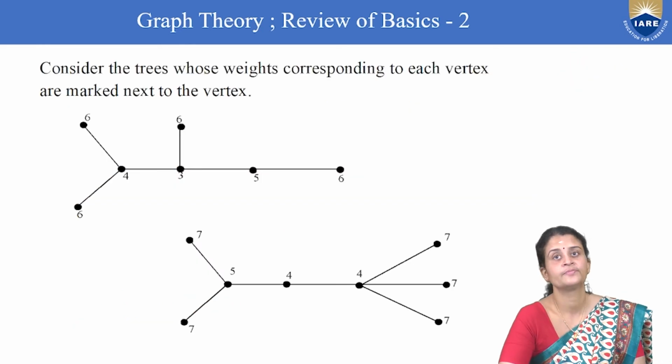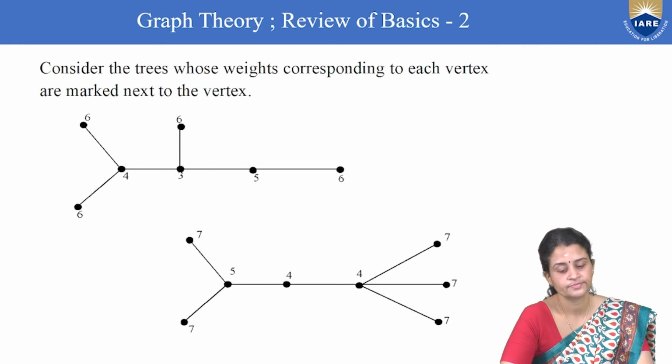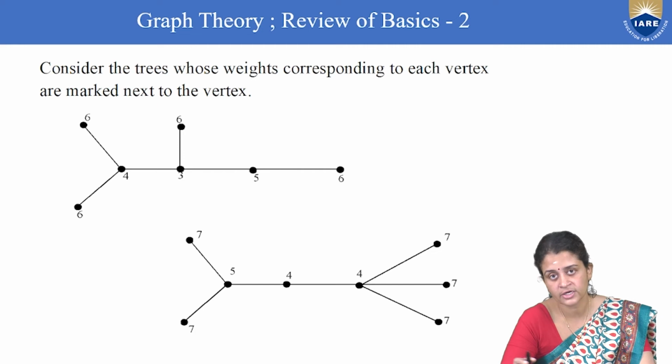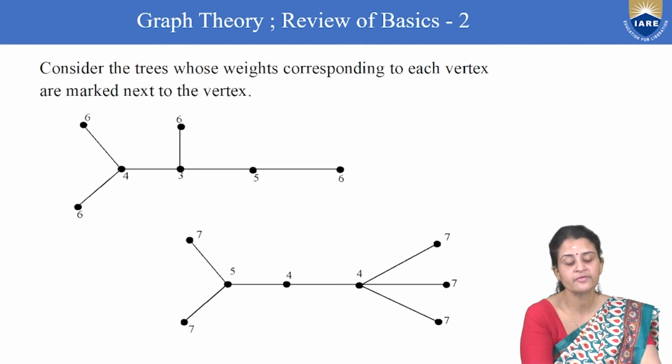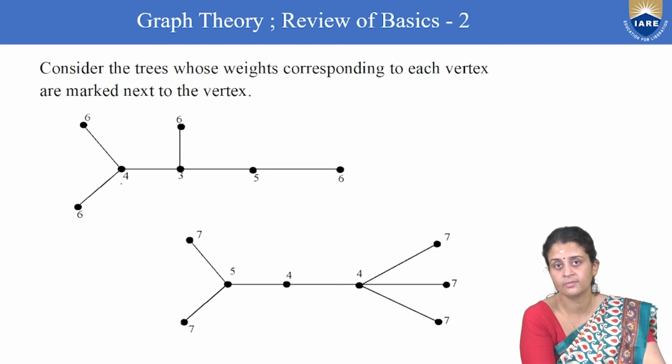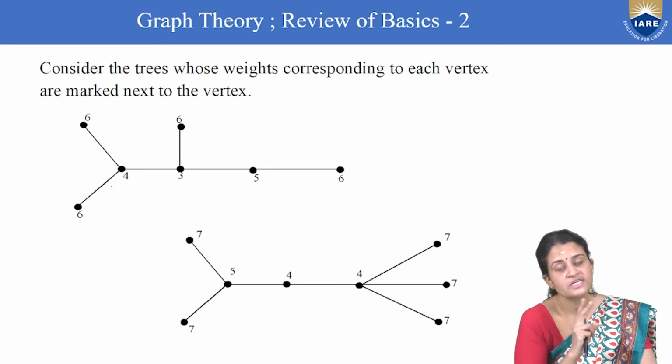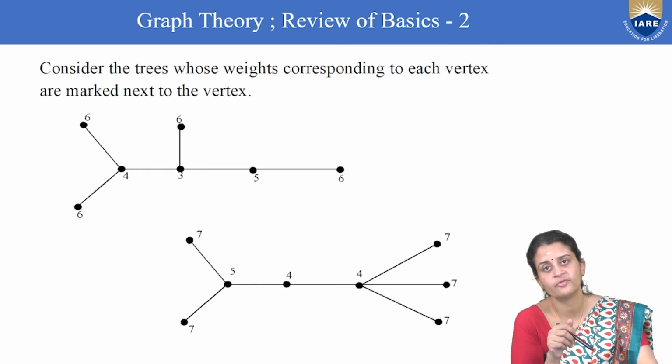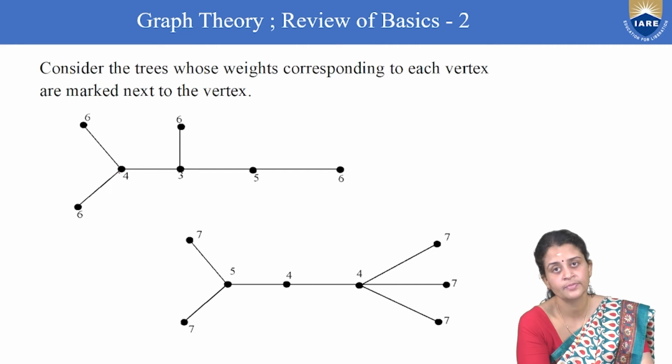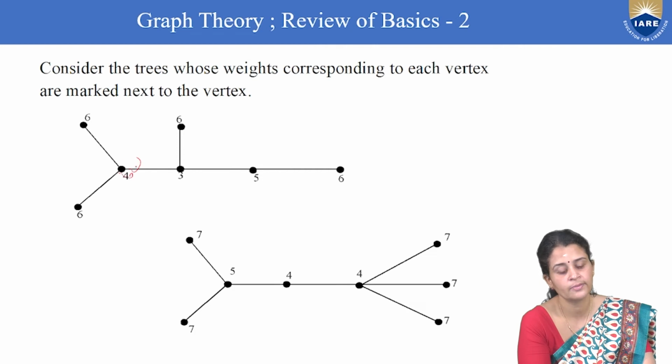And we will see here. Consider these trees, whose weights according to each vertex are marked near that vertex itself. Here we can divide this vertex into 3 subtrees, because this vertex has degree 3. The weight of the heaviest subtree means the number of branches occurring in the subtree.